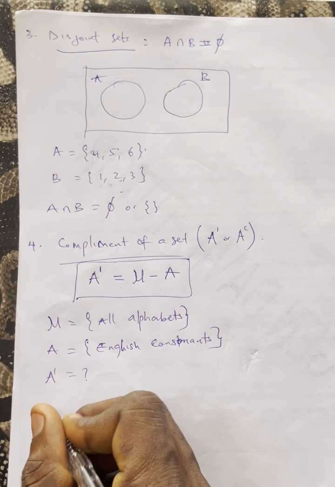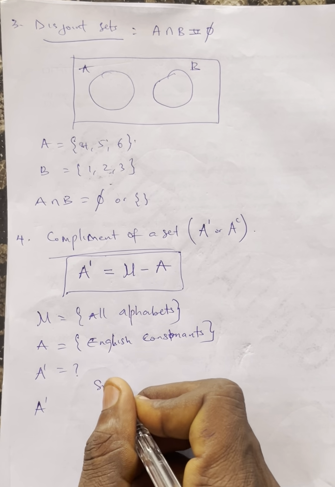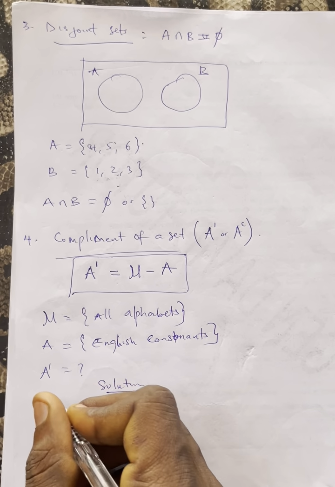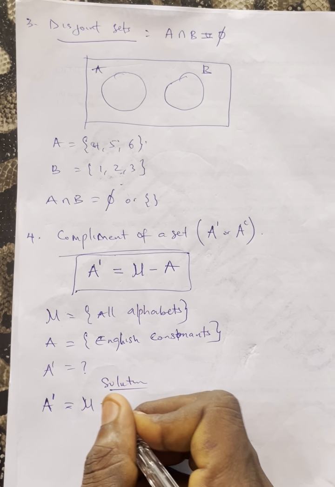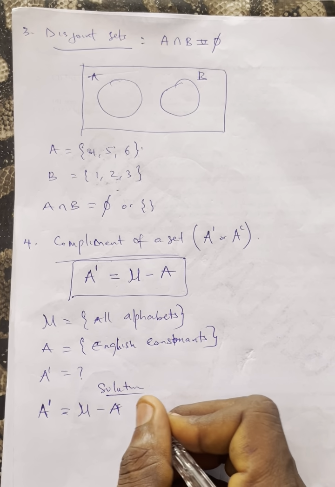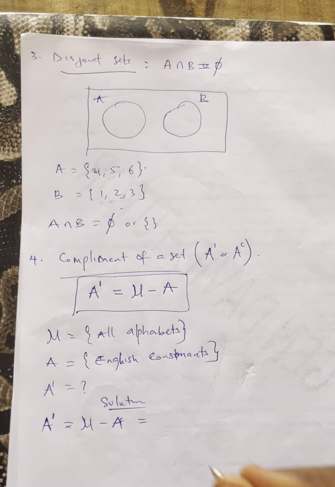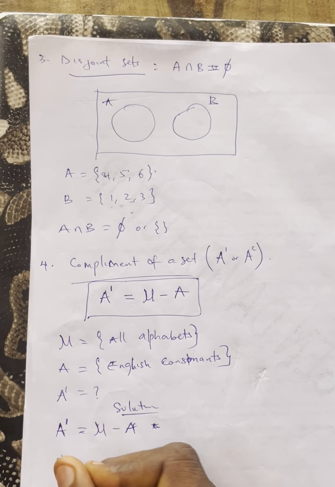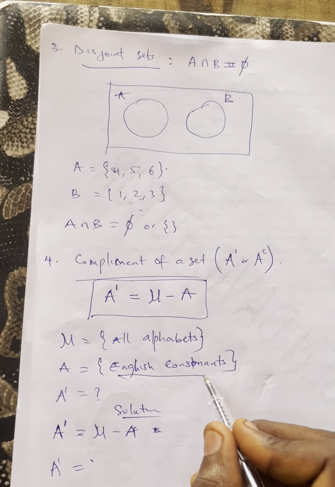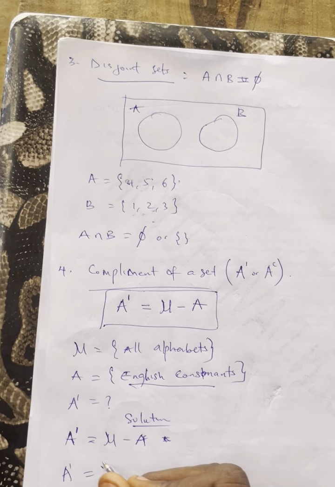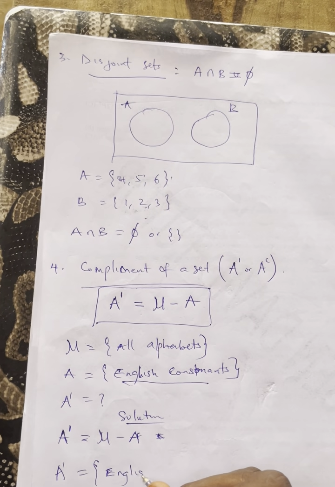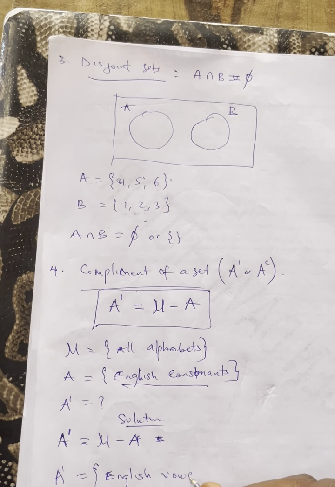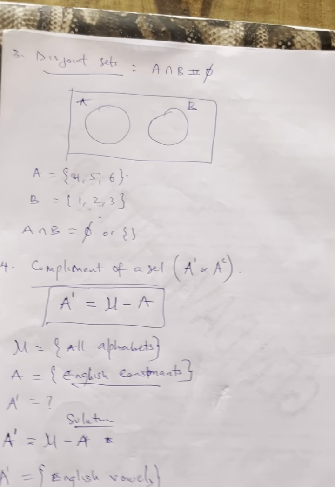A complement, now if you want to find the A complement solution, you are going to remove all the A from the universal set. Everybody, you believe with me that if you remove all English consonants from all alphabet, definitely it will remain all what? All English vowels. So that is A complement.